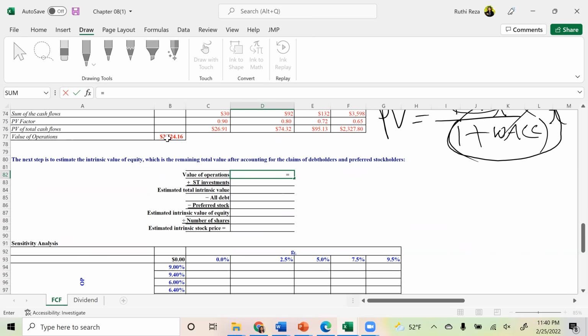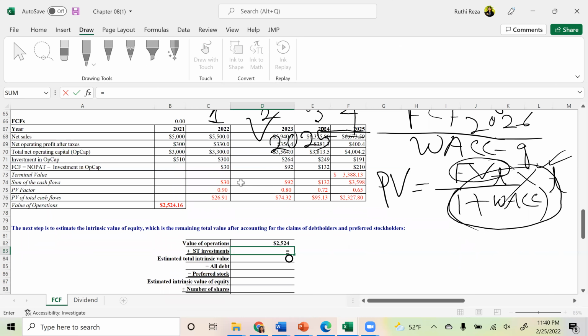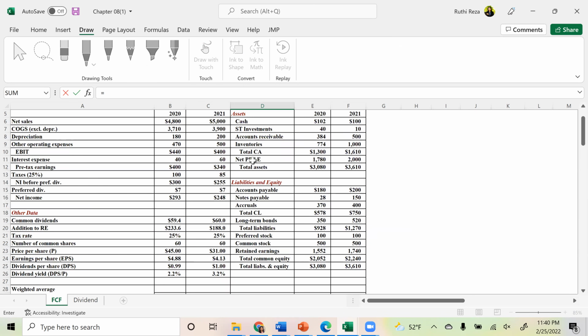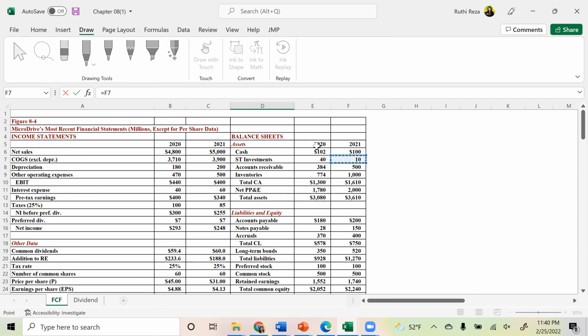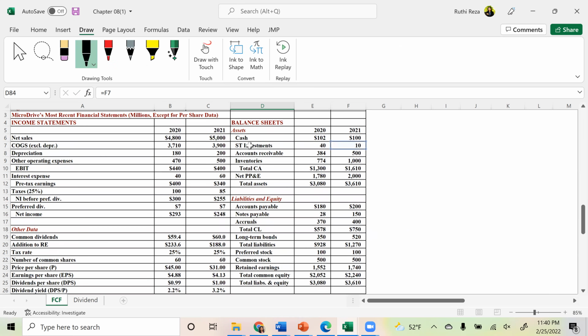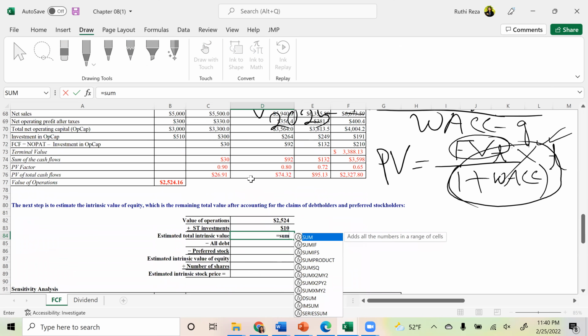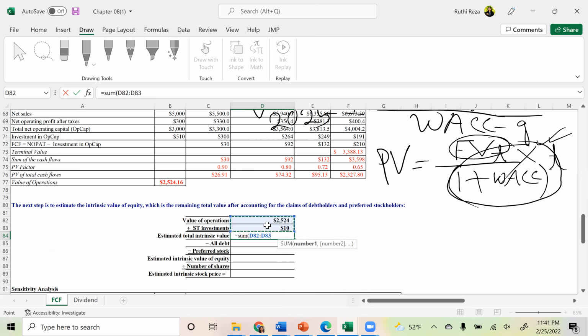So value of operation plus our short-term investment in the base year will give us our total intrinsic value. So short-term investment is reported under the current assets section of the balance sheet. It is 10. So let us now calculate our estimated total intrinsic value.